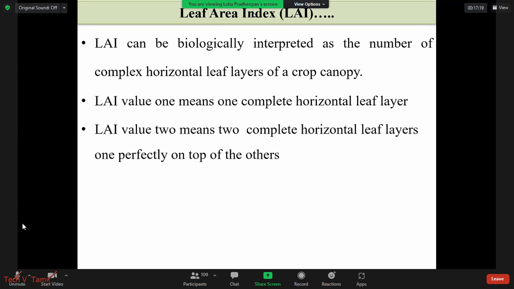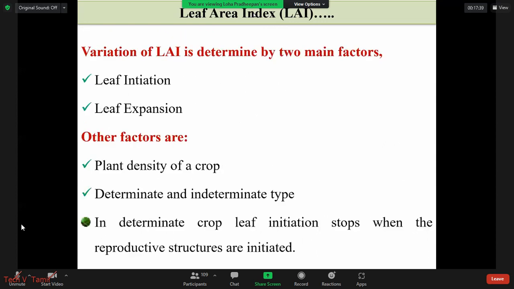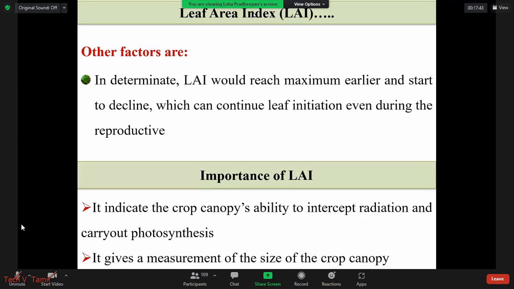A leaf area index of 1 means the crop canopy completely covers the ground. Less than 1 means the crop canopy does not completely cover the ground. More than 1 means it has 2 layers of canopy to do the photosynthesis. Leaf area is in 2 layers.